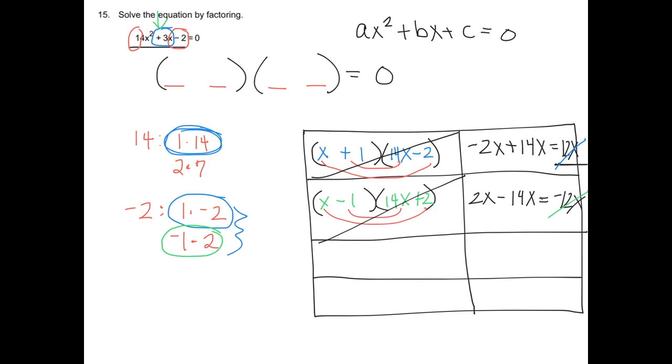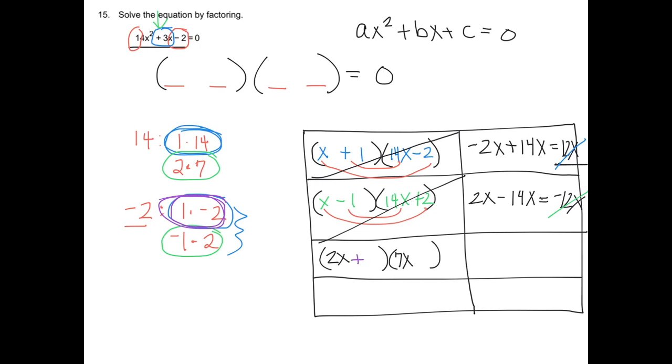Now I'm going to go to my second combination of factors for the 14. And I'll set up two parentheses. In the first term, I'll have 2x and also a 7x. Now I'll go down to the factors of 2 to choose my pair for the second position, and I'm going to choose the 1 and the negative 2.